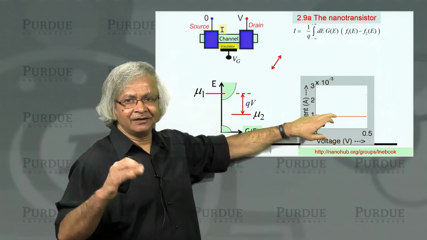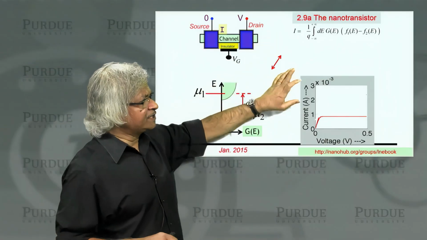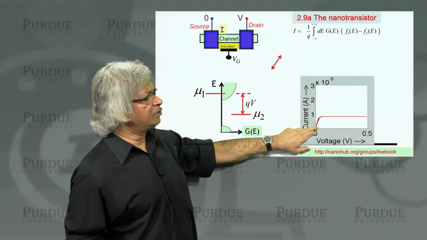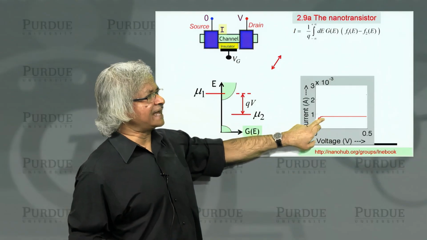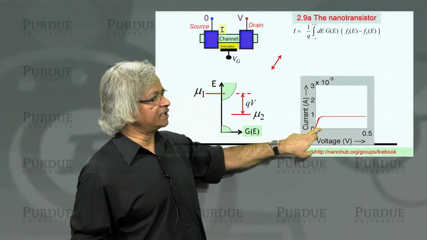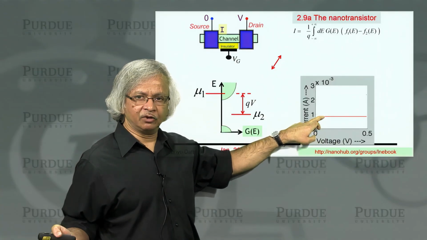There's a few things here, and that's kind of what I want to tell you about. Now, first thing to note is, if I just use that expression, why do I get a current that saturates so perfectly? Saturates meaning that once I increase the voltage beyond a certain point, the current doesn't increase anymore.